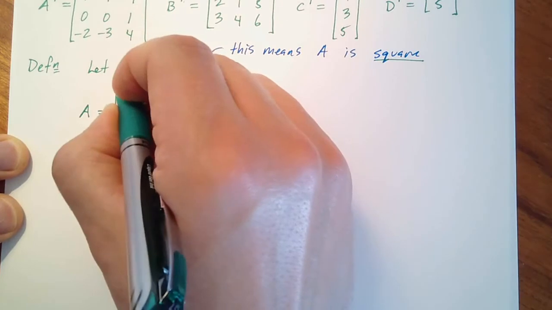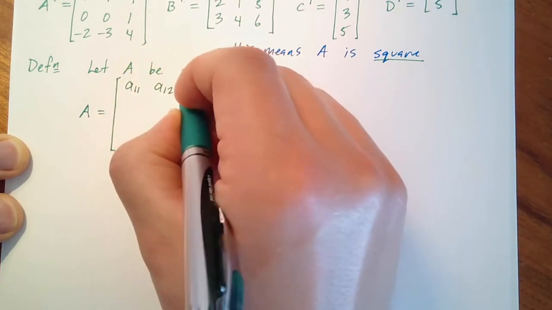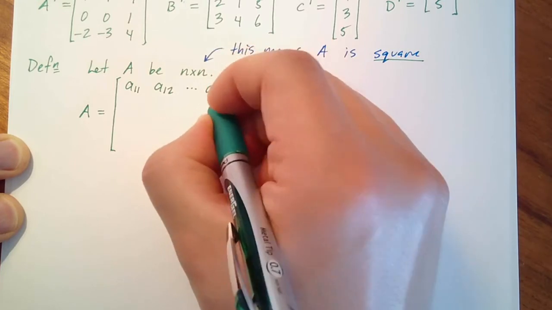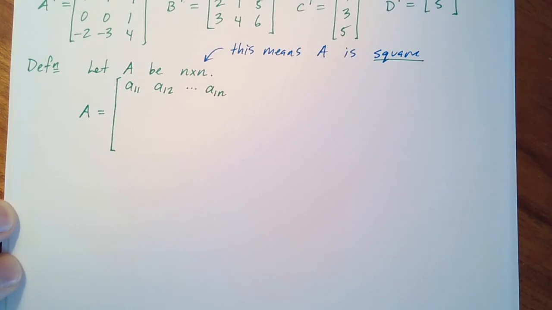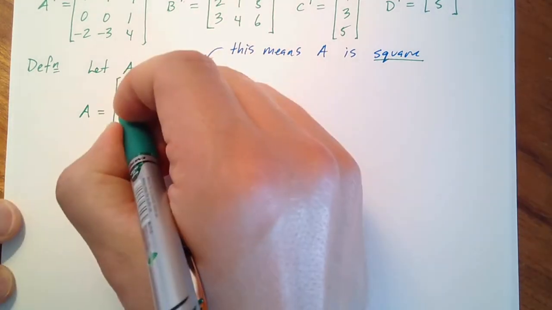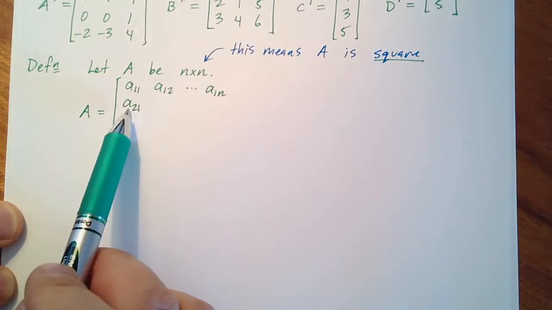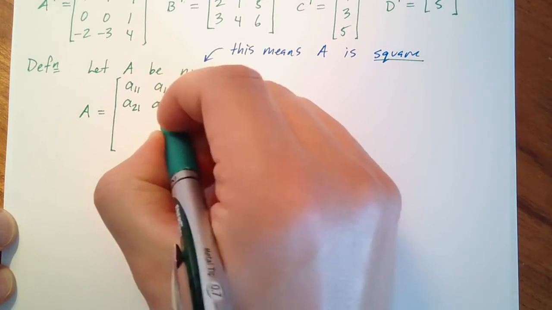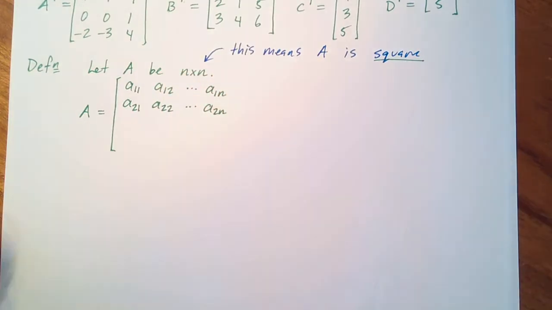So how about the first row? I'll say A11, A12, and I'll go dot, dot, dot all the way to the very last entry in the first row, which I'll write as A1n. Now the second row would be similar. I'd have A21, second row, first column, A22, all the way to the very last one, A2n.